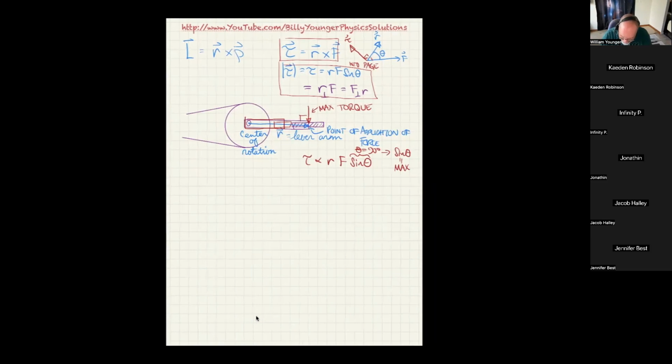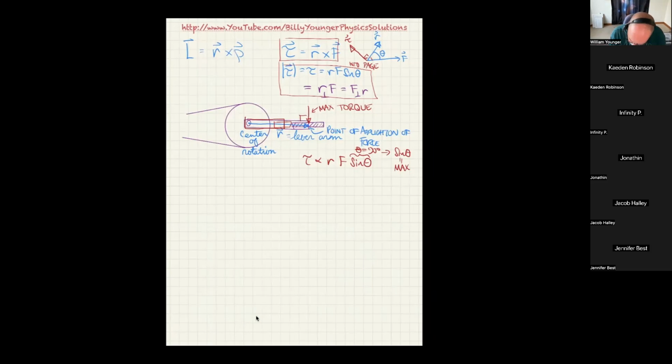If you want to then apply torque, then it's just a matter of figuring out which versions of these equations you want. For instance, if they give you an R vector and an F vector, then that's a pretty telltale sign that they want you to just go ahead and do a cross product. But if the R vector and the F vector only have one component, that's a monumental waste of time.